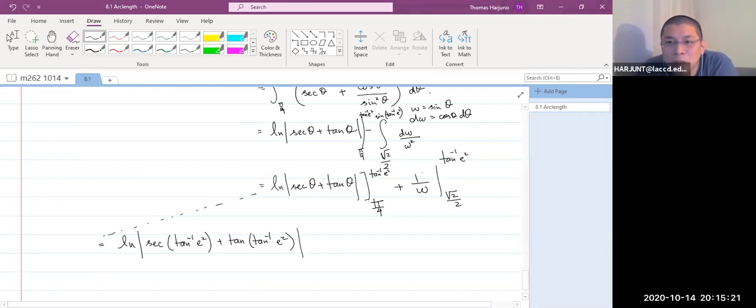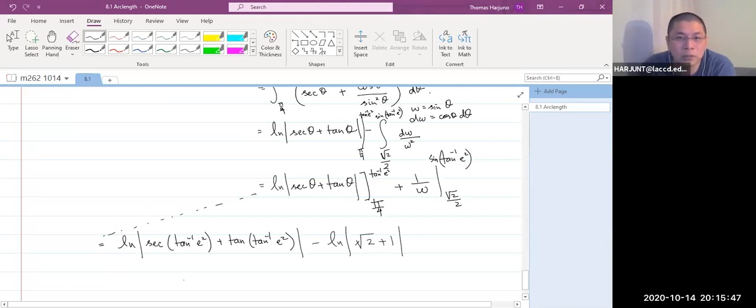It should be sine, which I can simplify further on. Yeah, okay, thanks, I happened to see that also. So this is minus natural log of secant pi over 4, that's radical 2 plus 1.